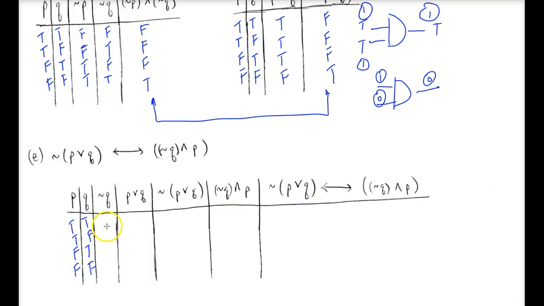And we're going to do the opposite of Q, which is going to be F, T, F, T. And then we're going to do P or Q. We know that's going to be true unless both P and Q are false. We do the opposite of that, which is going to be false, false, false, true.